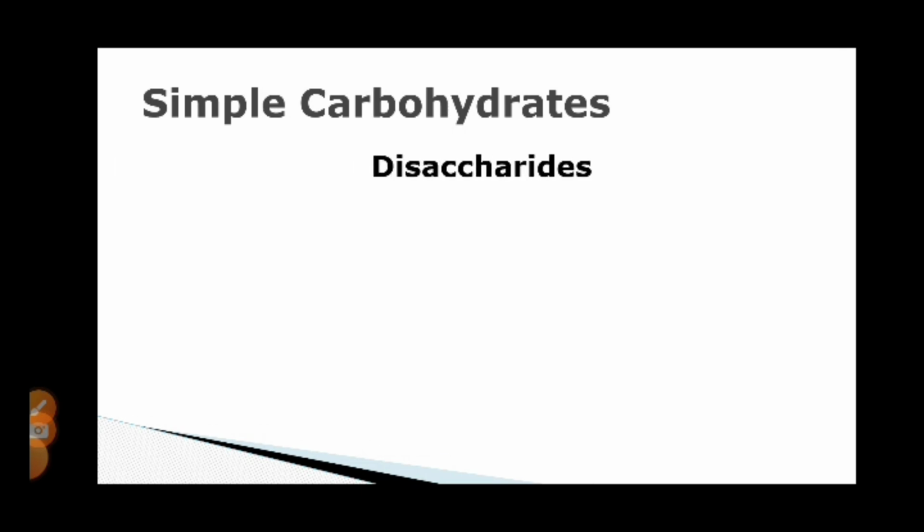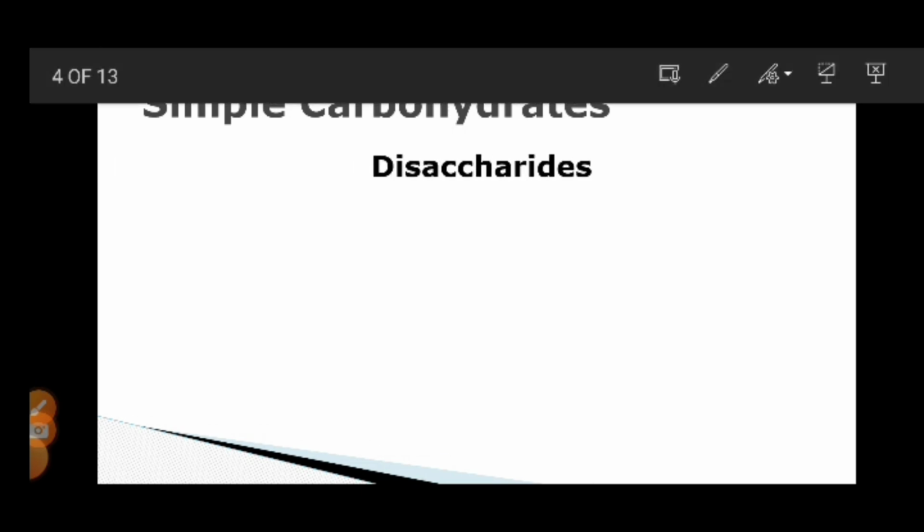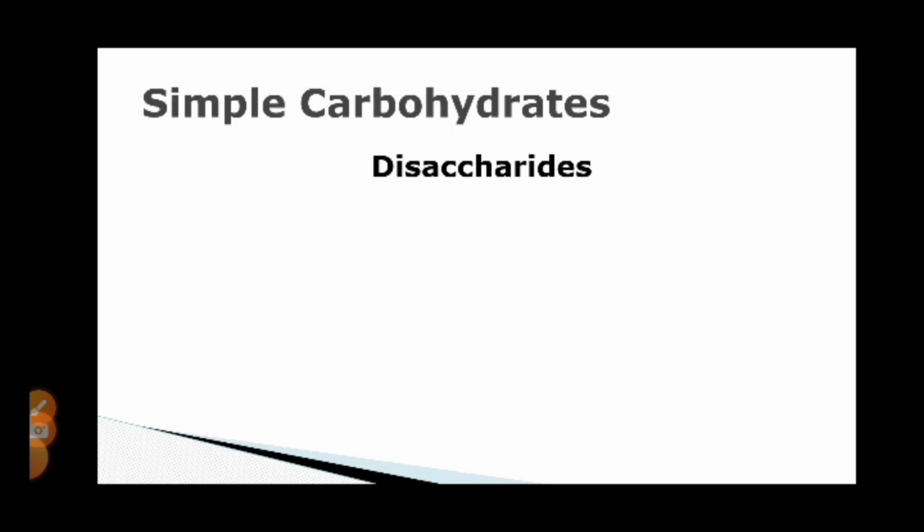Oligosaccharides. These are carbohydrates which can be hydrolyzed into a defined number of monosaccharide molecules. Depending upon the number of monosaccharides obtained from them on hydrolysis, they may be called di-, tri- or tetrasaccharides. For example, disaccharides give 2 molecules of monosaccharide on hydrolysis.